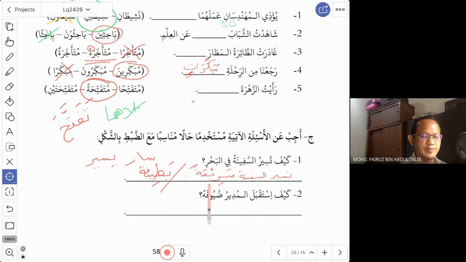This is similar to the types of khabar you have learned: khabar mufrad, a single word; khabar jumlah, where you use a sentence; or khabar using the shibhi jumlah, harful jar. So here you can also use a sentence or harful jar. But for this lesson, we just use a single word to explain the hal.